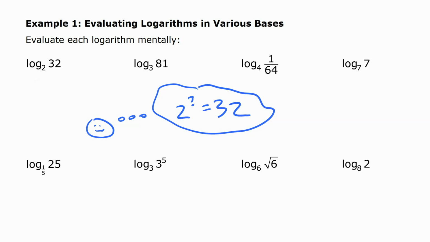And you might happen to know what it is, or even if you don't, just start multiplying 2's. 2 times 2 is 4, times 2 is 8, times 2 is 16, times 2 is 32. So it's 5 of them, right? It takes 5 2's, so log base 2 of 32 is 5, and the reason is because 32 is 2 to the 5th. That exponent is the logarithm.